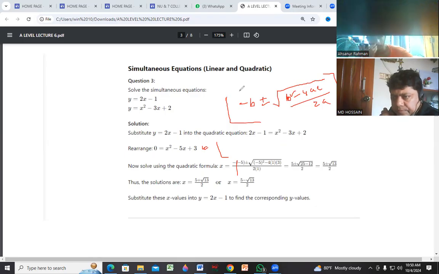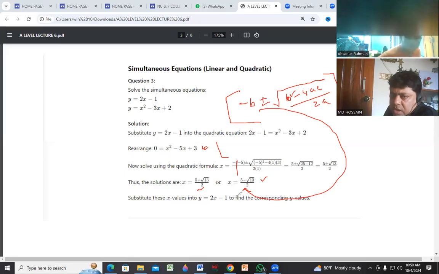Yes, sir. Now apply it, and you will get these two values. If you can understand this line, then you can solve this. You will do it by your own hand and give me the feedback. Note down question number 3.